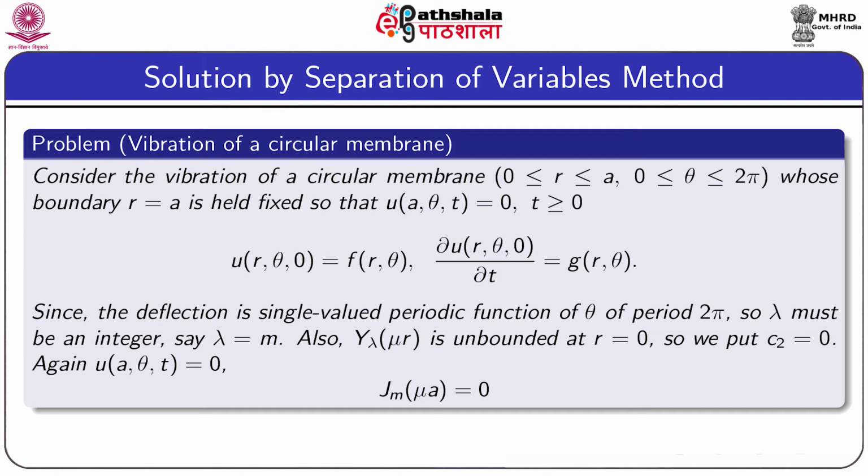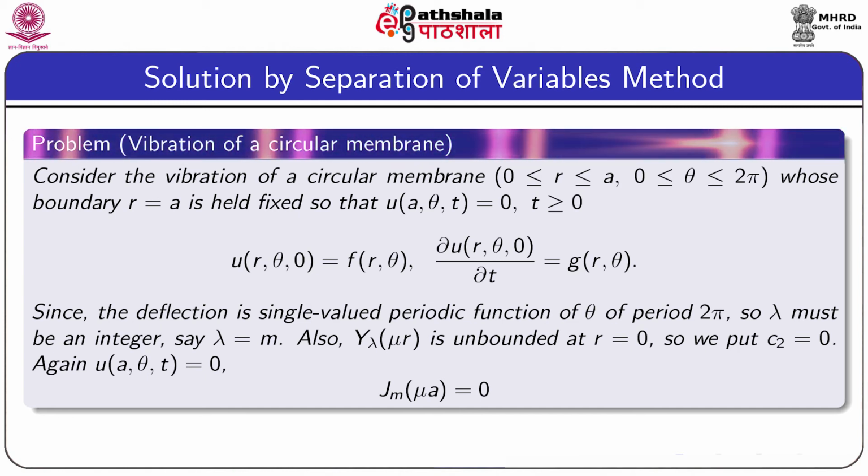Now, we are going to discuss an example where we can use the solution of the wave equation in the plane polar coordinate system together with some initial and boundary conditions. For that purpose we have considered the vibration of a circular membrane whose boundary r equals a is held fixed.